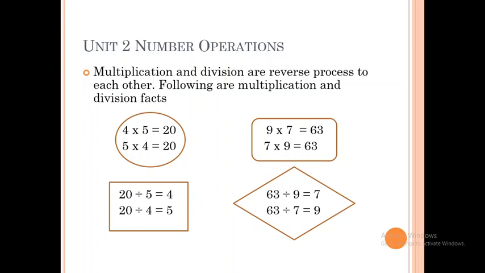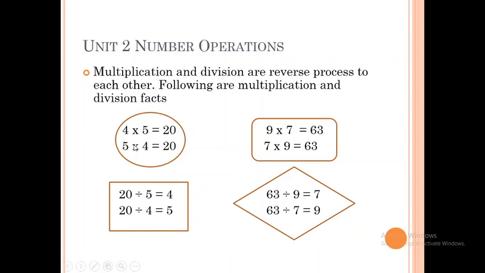Now 2 very important facts about multiplication and division. Multiplication and division are the reverse process of each other. Look here, 4 multiplied by 5, answer is 20. And you know that if you multiply 5 by 4, you will get the same answer, 20.